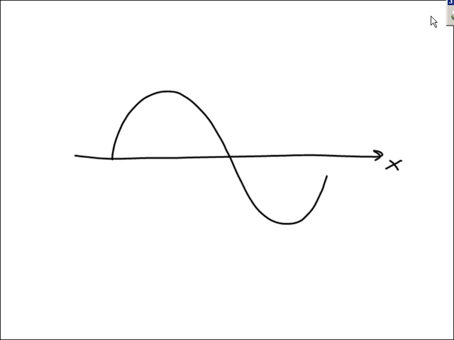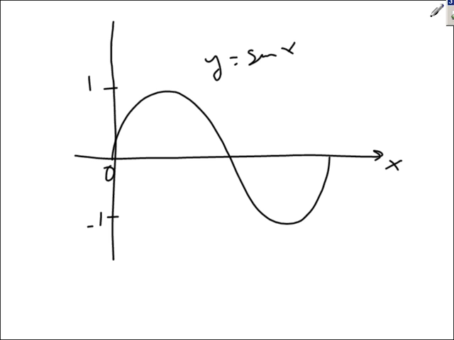Now, I want to say something. I'm sorry I didn't mention this a long time ago, like in the last section. We've been drawing one period of these graphs. I kind of said y equals sine x goes from 0.